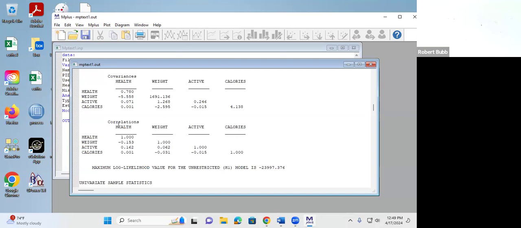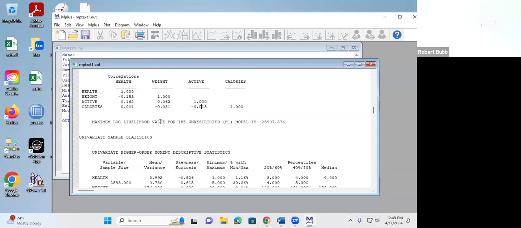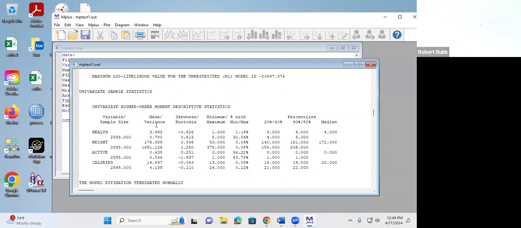We're not interested in the correlations for health on our predictors. We're interested in our predictors to each other, which is going to be this 0.062, this negative 0.03, and this negative 0.015. None of those are near 0.4. It does not look like collinearity is going to be an issue here, by just looking at the correlations anyway. There are obviously other metrics.